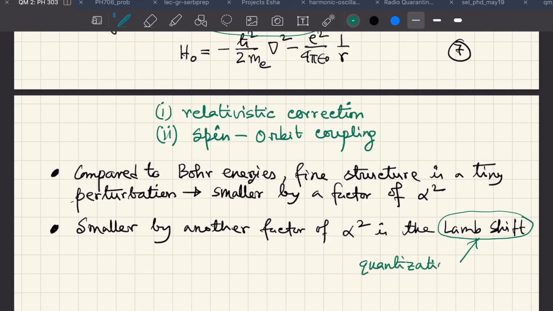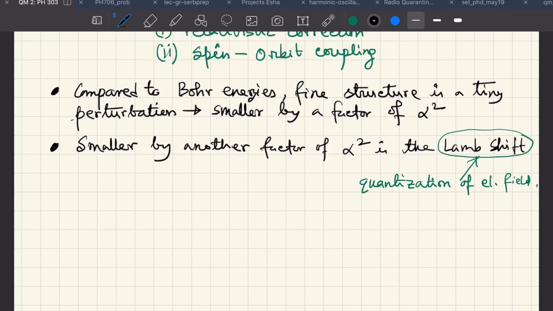Of course, quantization of fields is not under this syllabus, so we cannot unfortunately discuss this.